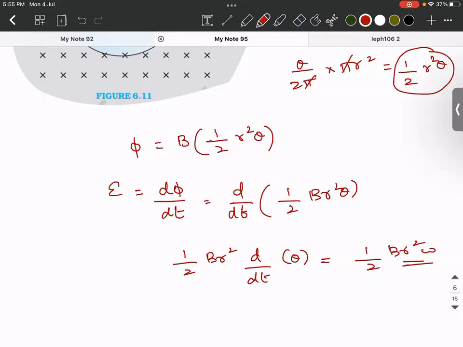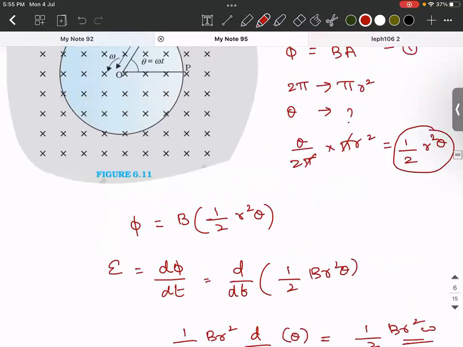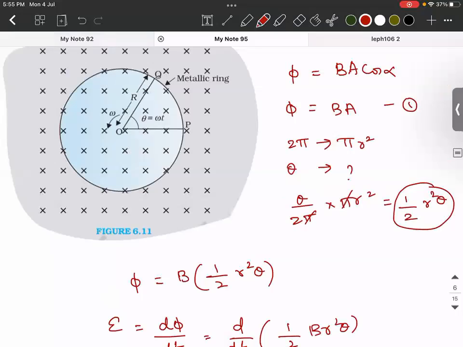By any chance, can you find the direction of EMF? I mean, can you find out which pole is at positive and which is at negative? Among O and P, which end is at positive value and which end is at negative? I already gave you the concept of Lorentz force.